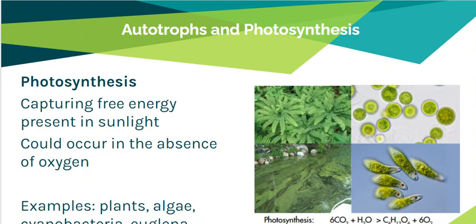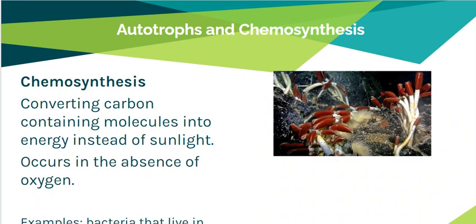Photosynthesis is not the only way that you can be a self-feeder. You can also do what's called chemosynthesis, and that is instead of taking sunlight and converting it into energy, you take carbon molecules, typically, and convert it into energy. So this is done by organisms that live in oxygen-free environments.